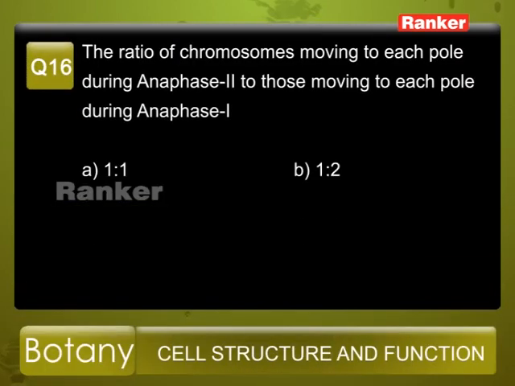Question number 16. The ratio of chromosomes moving to each pole during anaphase 2 to those moving to each pole during anaphase 1. The given options are A 1:1, B 1:2, C 2:1 and D 1:4.